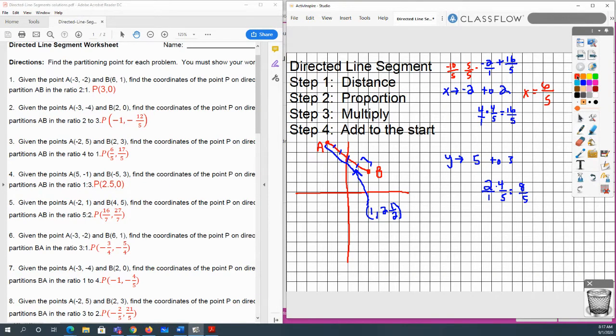Now my Y value, this one you gotta be careful on. Since my number is larger and it goes smaller, I don't want to add this value to my starting number. You're going to subtract. And you're subtracting because the number is getting smaller. That's really important. That's where we miss it a lot of times.